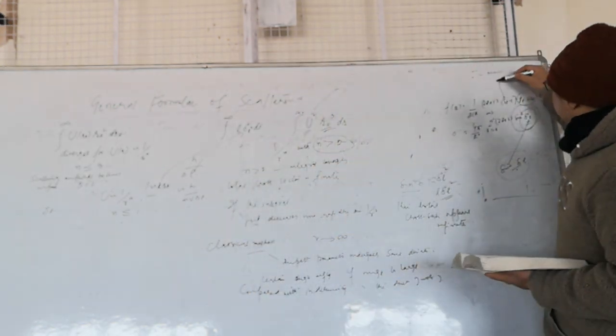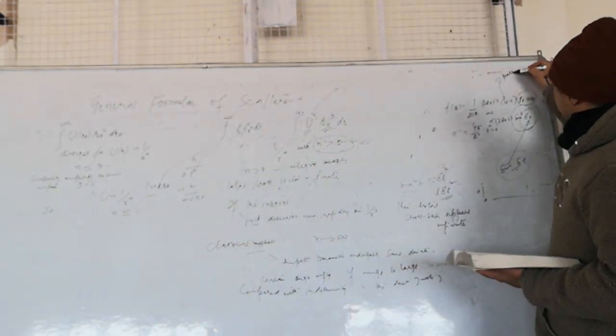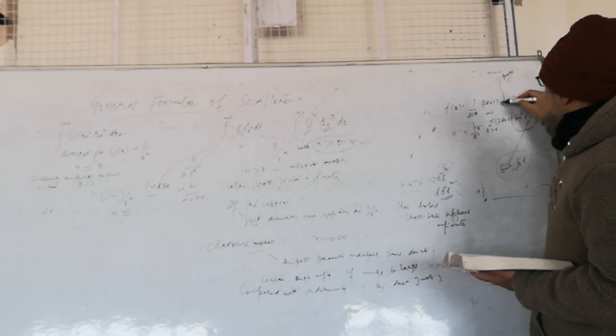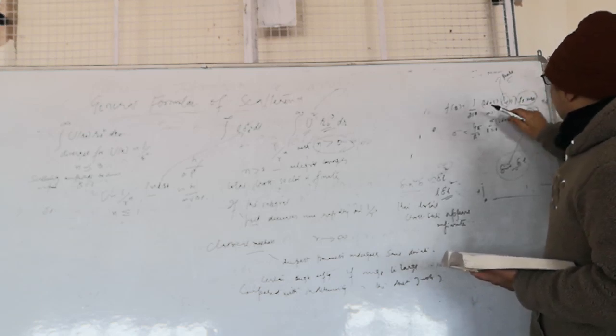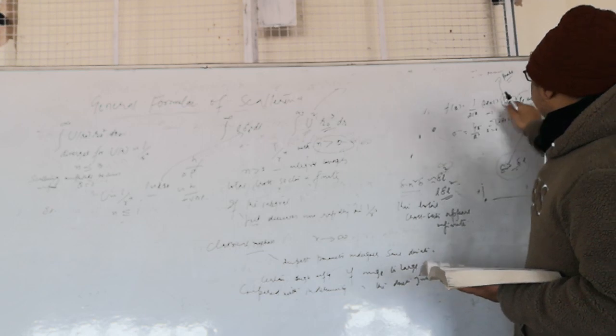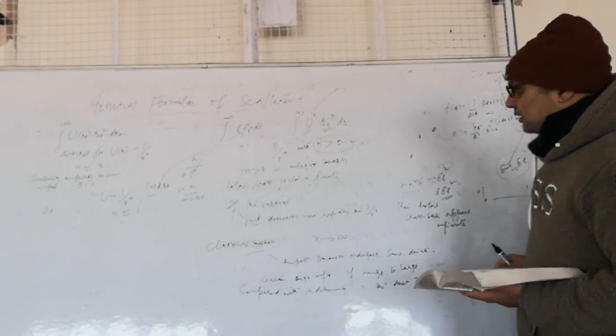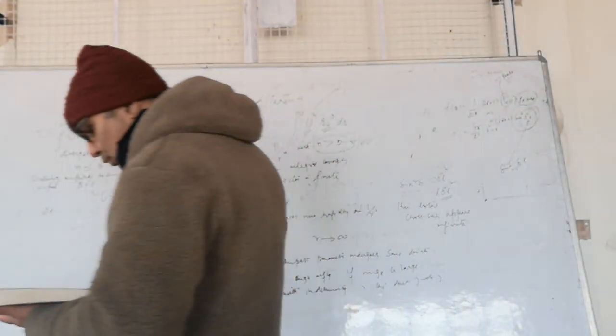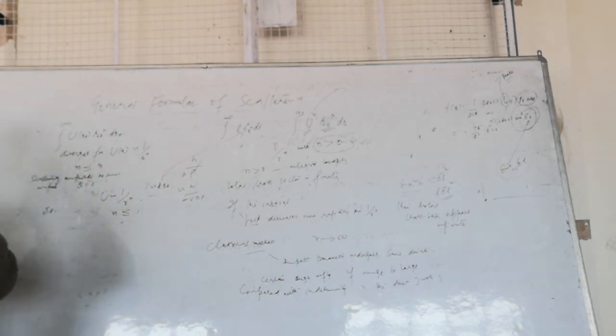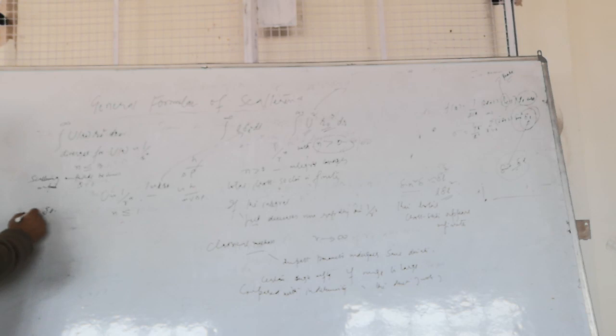Here delta L is a phase factor. If you remember in the previous class, we defined SL as the difference of the phase between these two states.